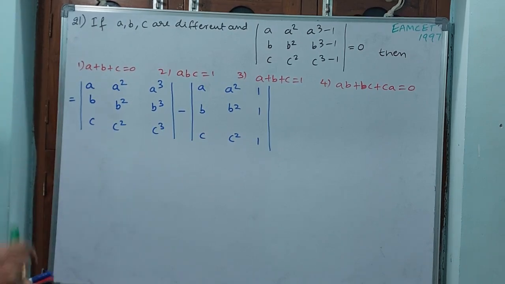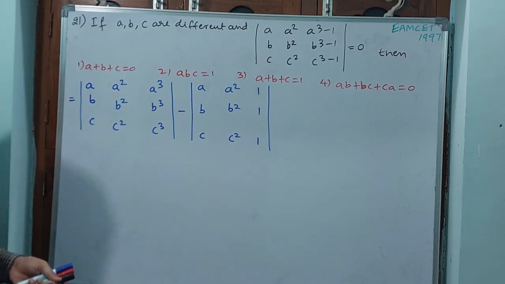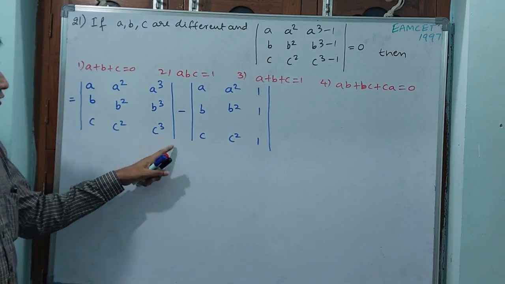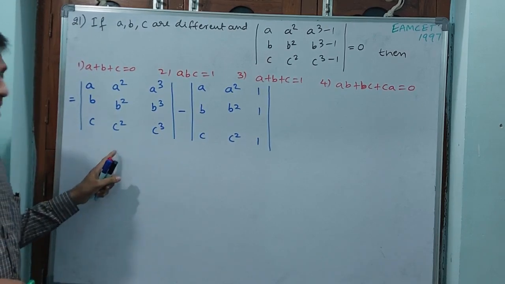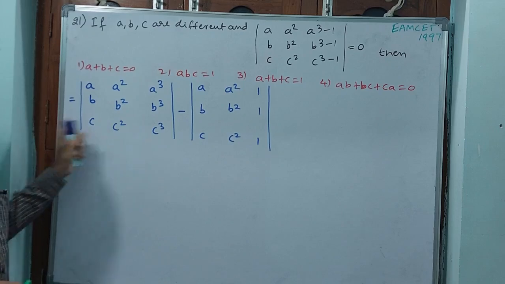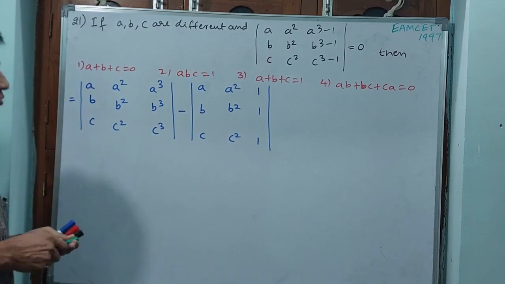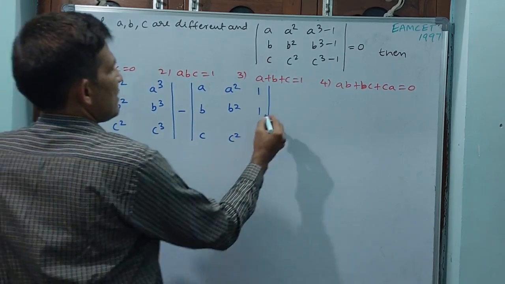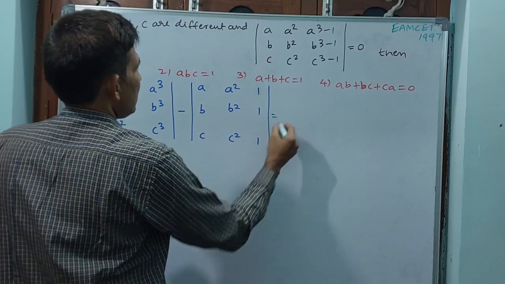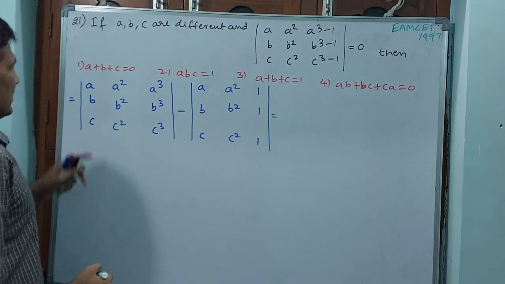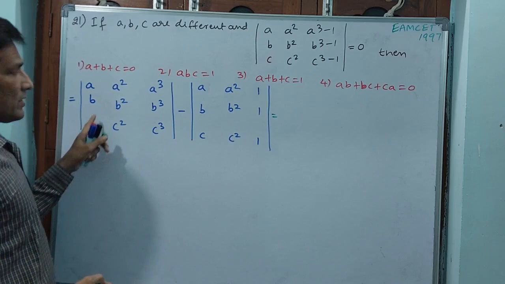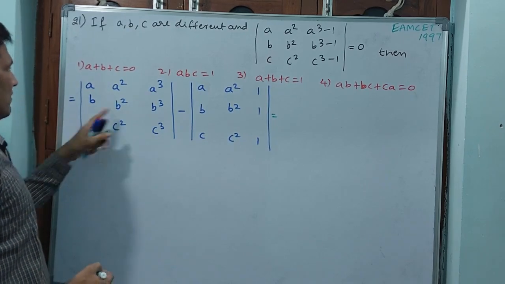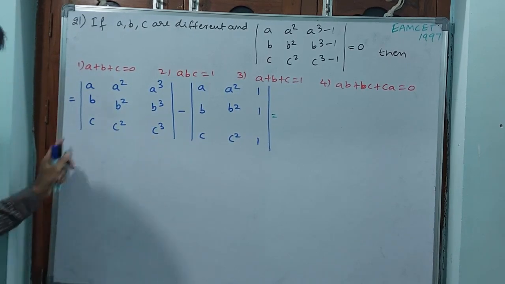Now observe carefully. From here I am taking out A, B, C. Observe carefully what I am doing. From the first row A, from the second row B, from the third row C, I am taking out.